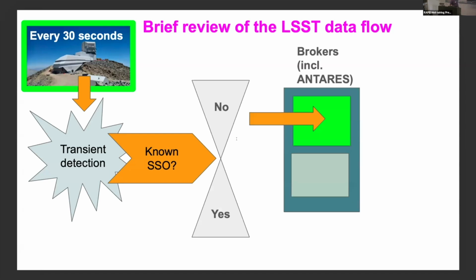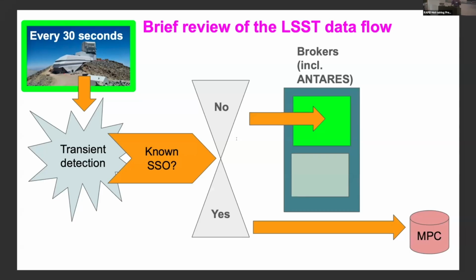If no, okay, off you go to brokers, including Antares, and I'll tell you why I mentioned Antares in just a moment. If yes, okay, that's cool. You get reported to the Minor Planet Center, which is the international clearinghouse for measurements of moving objects, all good. You also get reported to the brokers, including Antares. And the reason I've listed Antares here is because I mentioned earlier that we are a downstream broker.